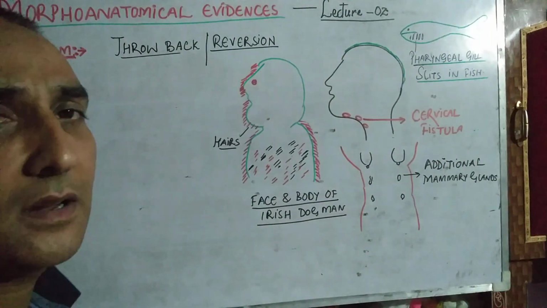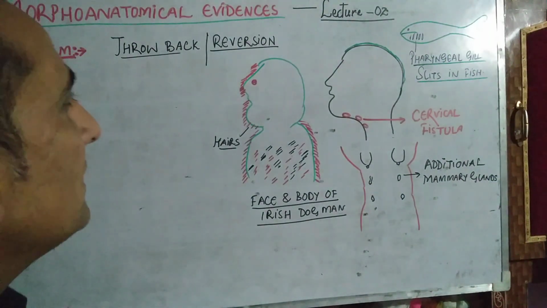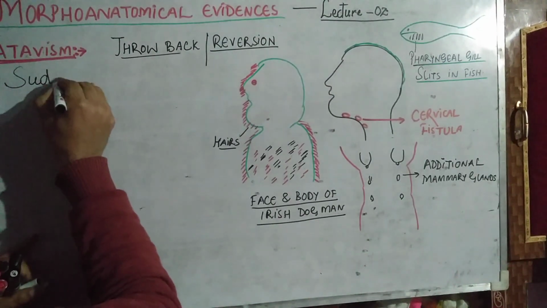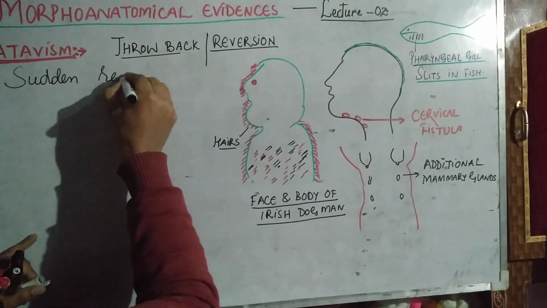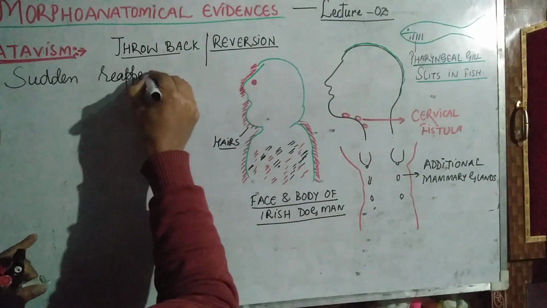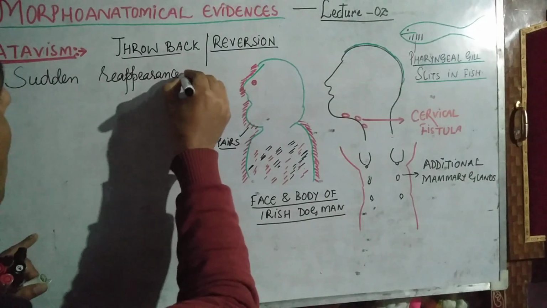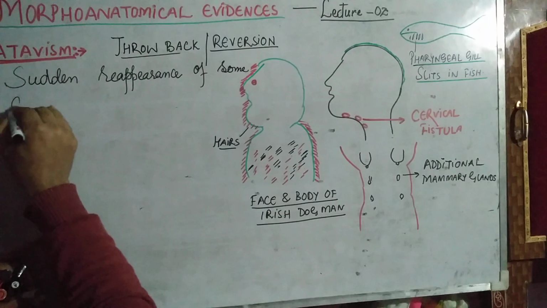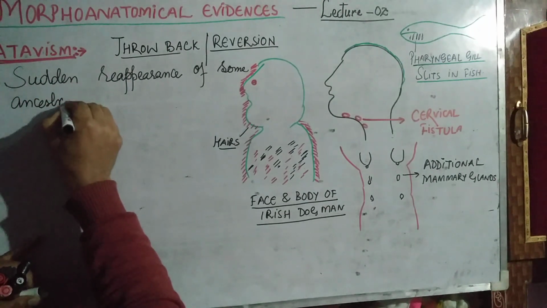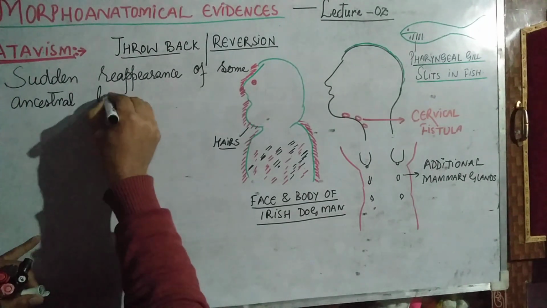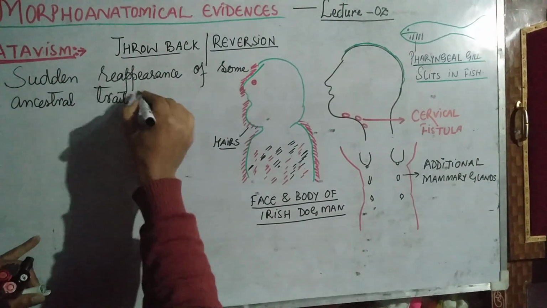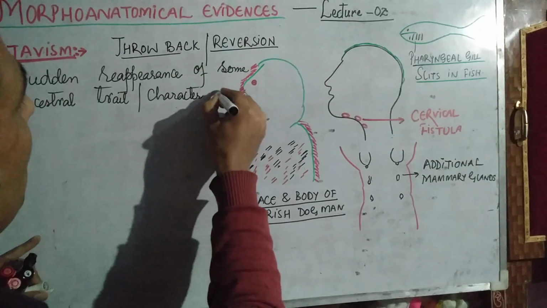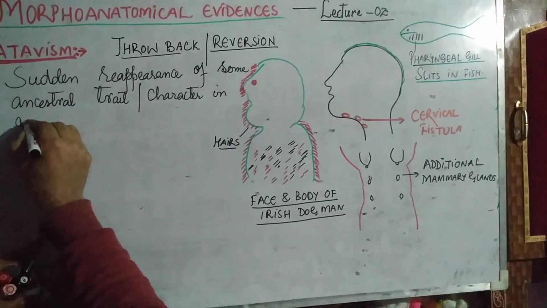Now, what is basically atavism? Atavism is the sudden reappearance of some ancestral trait or character in an organism.